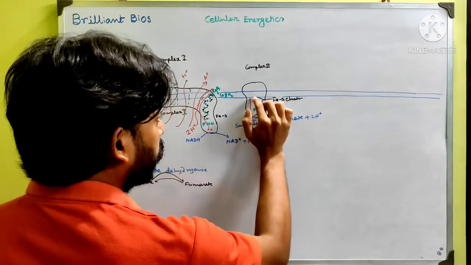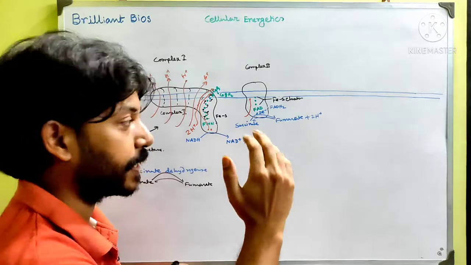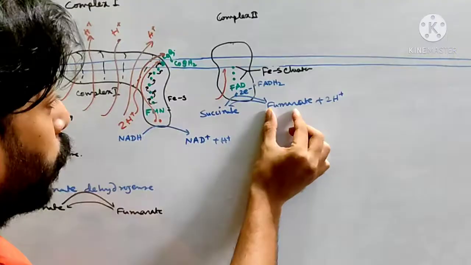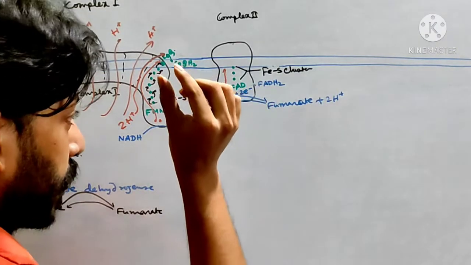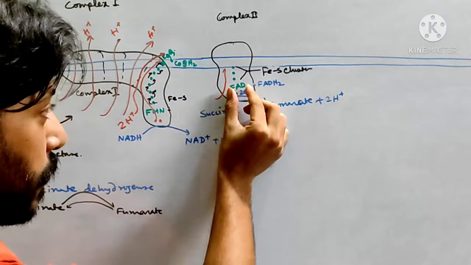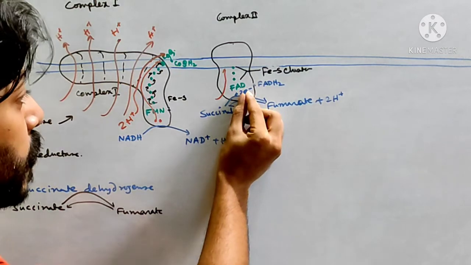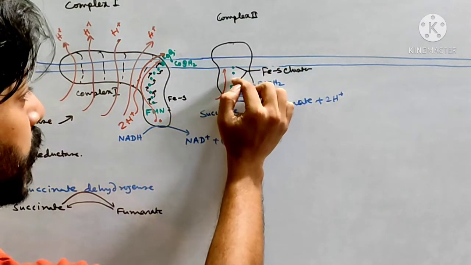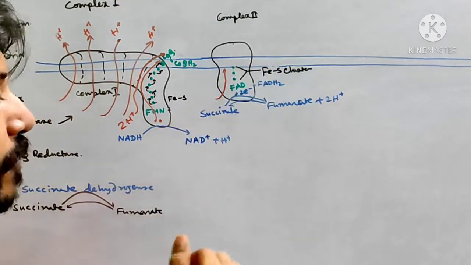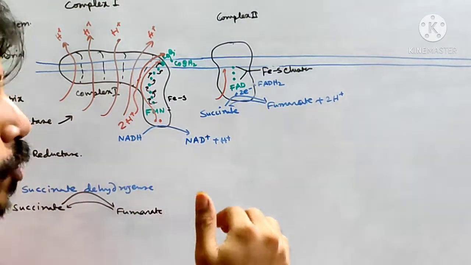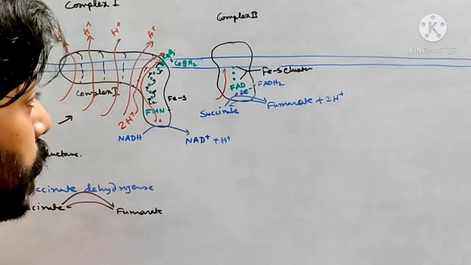So all these molecules should have higher redox potential. That means in this reaction from succinate to fumarate, this FAD should have higher redox potential so that it can receive the electrons. Then each and every iron sulfur cluster should have higher redox potential so that it can take the electrons.